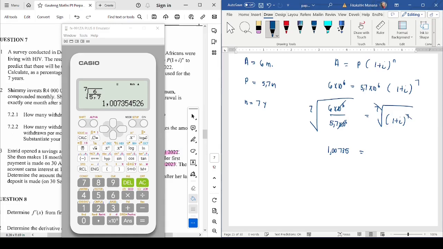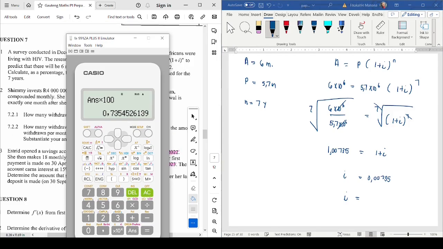Then the root cancels the exponent, so we're left with 1 plus i. So i is equal to 1.00735 minus 1, which gives 0.00735. Because they wanted it as a percentage, we multiply by 100, and we see that our annual rate of increase is 0.74% if you round off to 2 decimal places.